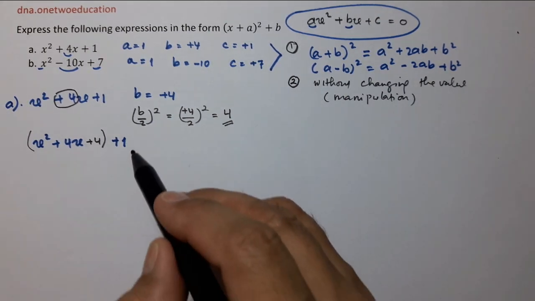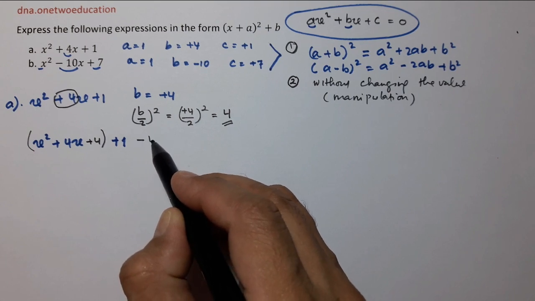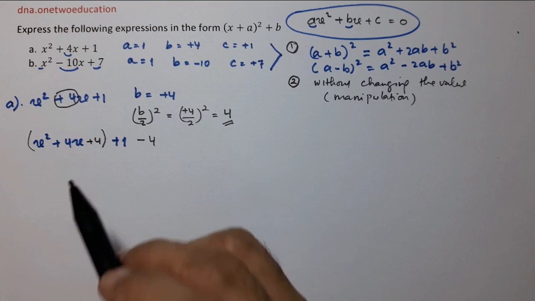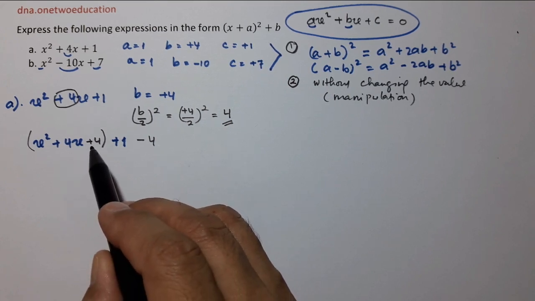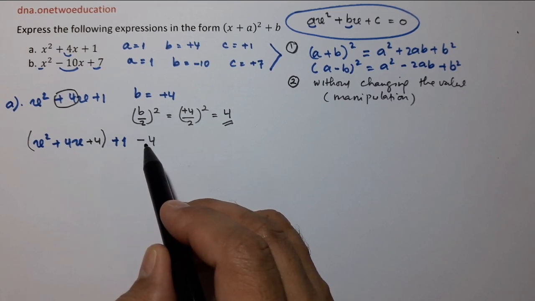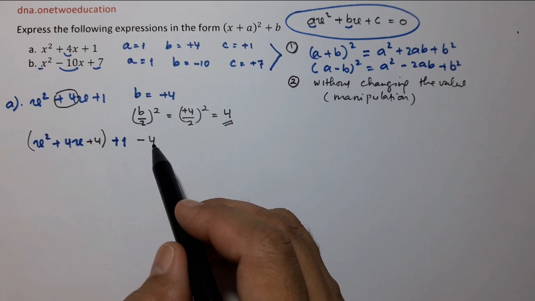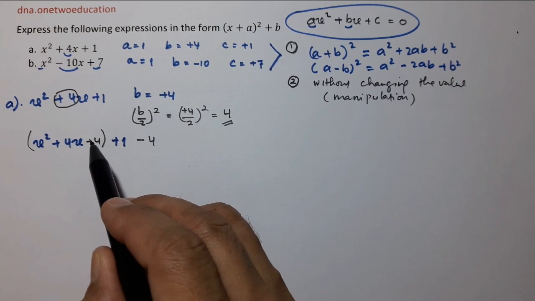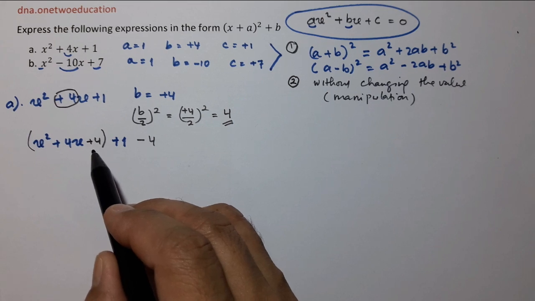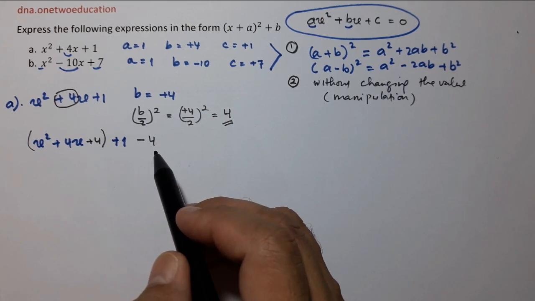That's right, just put here minus 4. So the key is, when you add positive 4 in the bracket, out of the bracket must be minus 4. When you add negative 4 in the bracket, of course out of the bracket is positive 4.